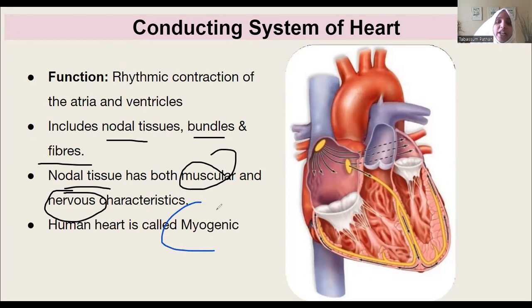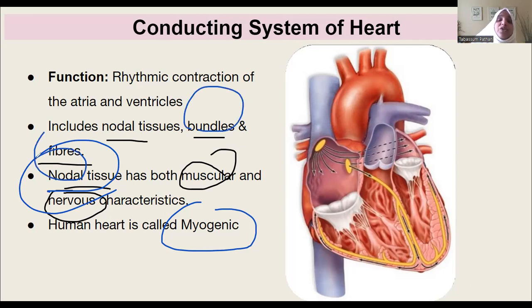Myogenic means there is no active involvement of the nervous system; the nerves are not responsible for the actual generation of the heartbeat and contraction and relaxation. It is because of these nodal tissues, the bundle of His and fibers, which bring about the contraction and relaxation of the heart. Hence it is known as myogenic.